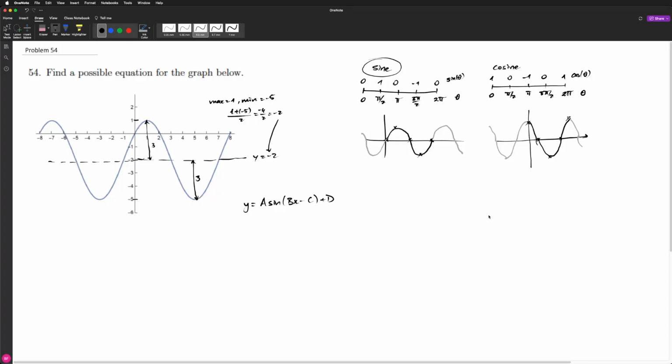You can use the formulas, the phase shift, the period, etc. Or what I like to do is I try to see sine or cosine, a piece that looks like the graph of sine. So if we have chosen sine, that could be the piece.